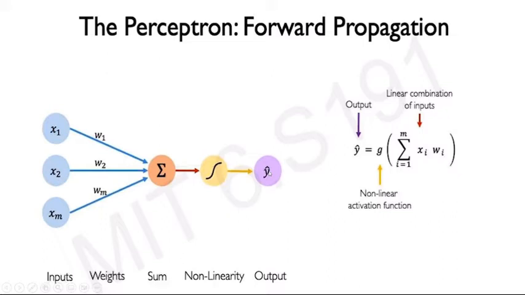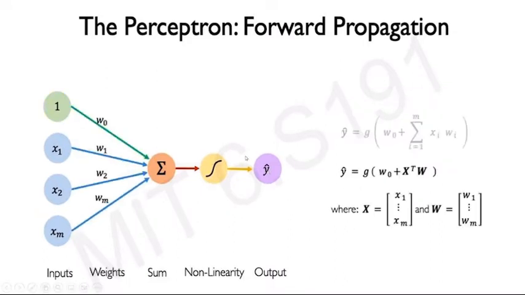Maybe we're working on a classification problem, or we may want to make a prediction, but today I'm going to focus on a classification problem, where the output y is categorical. So as you can see, this is the architecture of the network: we go from input to weight to sum, to the activation function where we induce nonlinearity, and finally to the output.